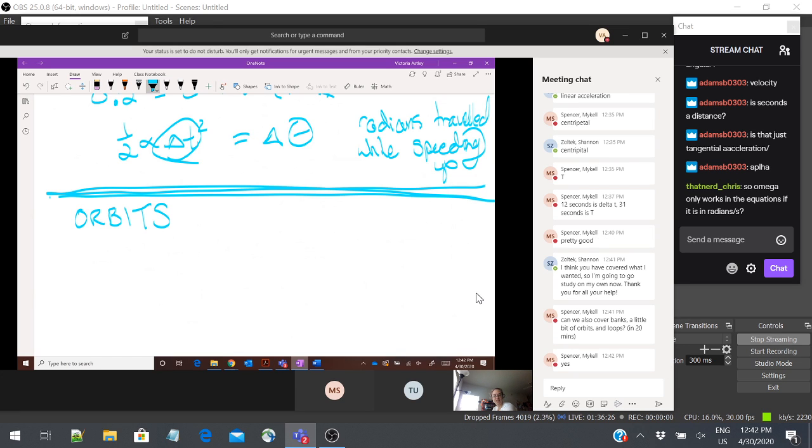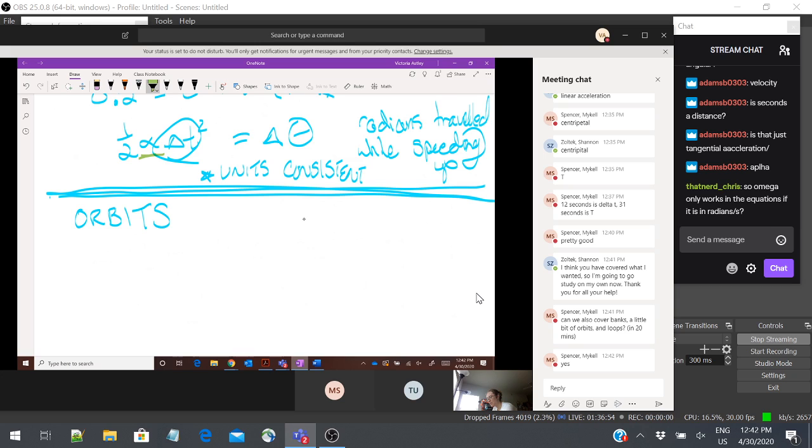So Christian asked, omega only works in the equations if it's in radians per second. That's a really good question. And I hesitate to say yes, because it's more about the units have to be consistent. So for example, you don't want to have alpha in RPM and omega in radians, or the other way around.